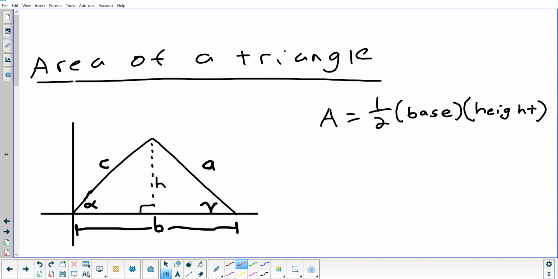So what I want to do is focus on this triangle in red and figure out a way I could find the height if I didn't know it.